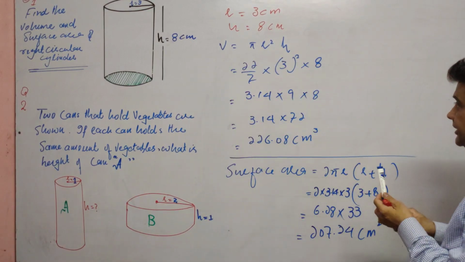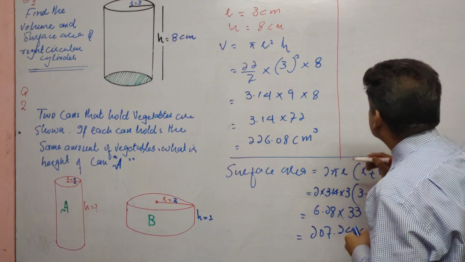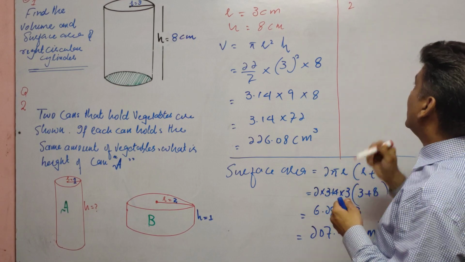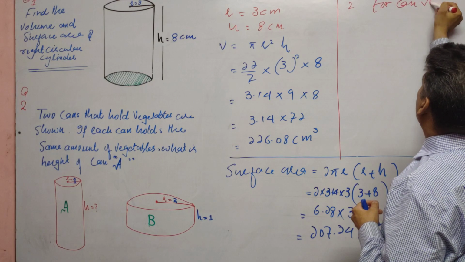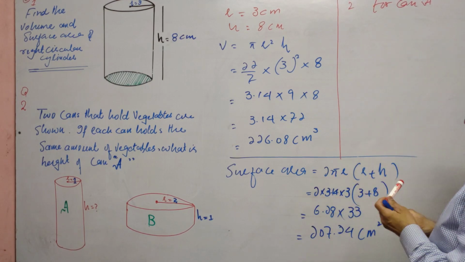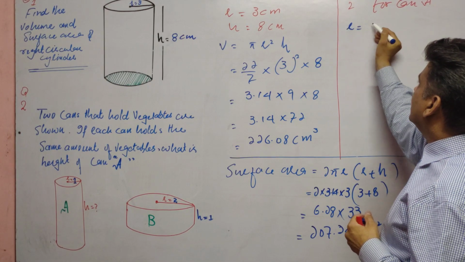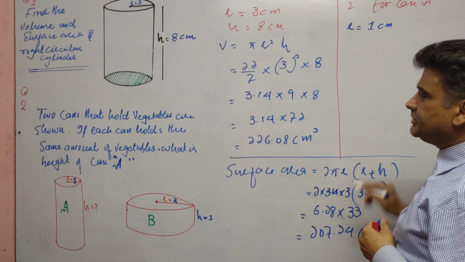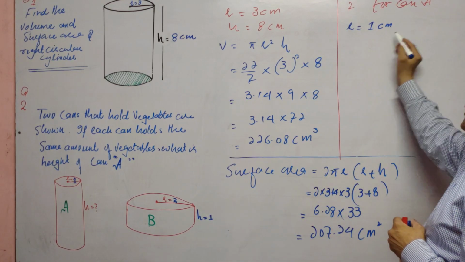So we write here Question 2. For can A, we write radius equal to 1 centimeter. Its height we have to find.